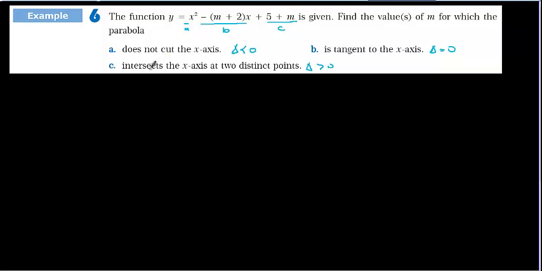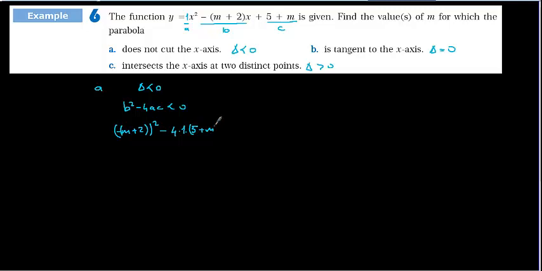Okay, for the first one, a, we are checking the case delta is less than 0, which means b squared minus 4ac is less than 0, and that's going to be equal to (minus m plus 2) squared minus 4 times 1 times (5 plus m).